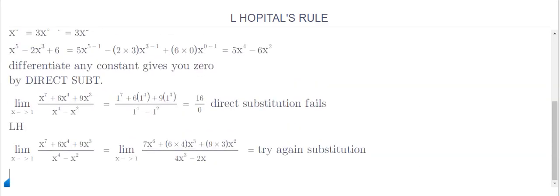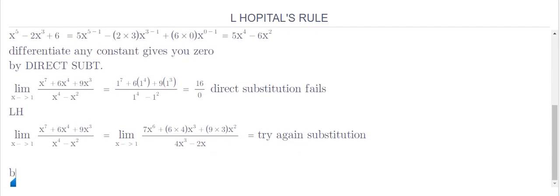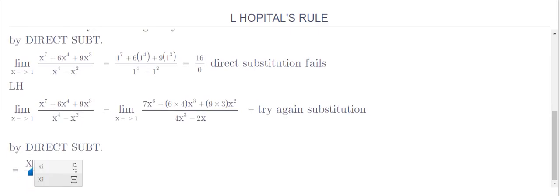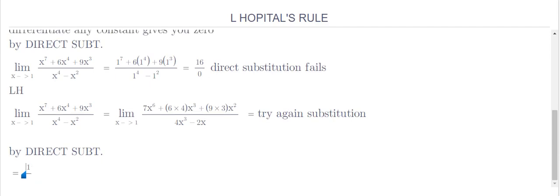When you try again substitution now, so by direct substitution, what are we going to be getting? We are substituting with 1. So let me make it into a simplified form.